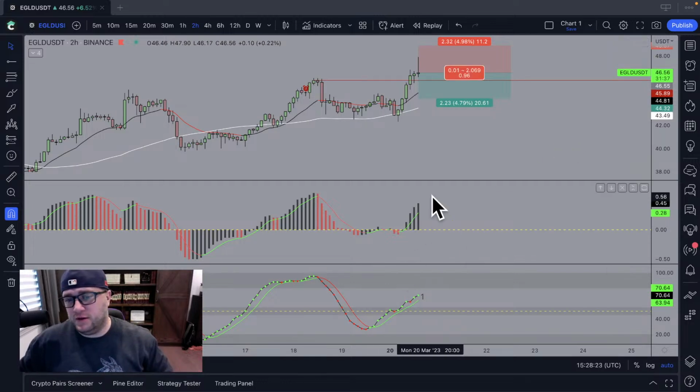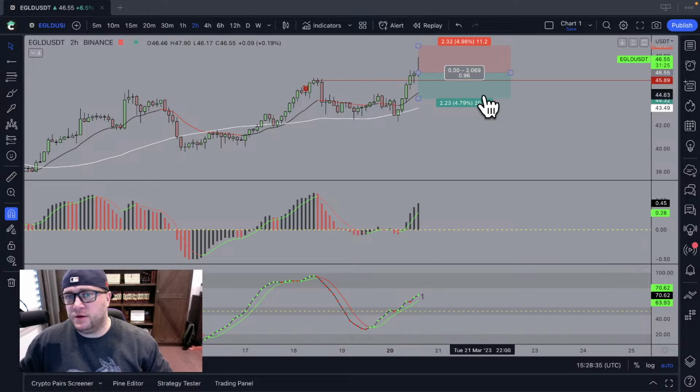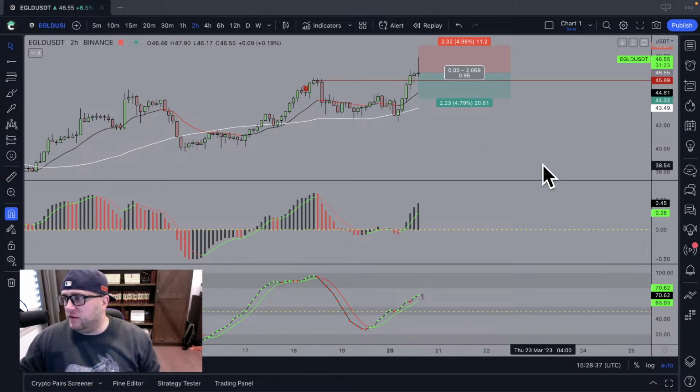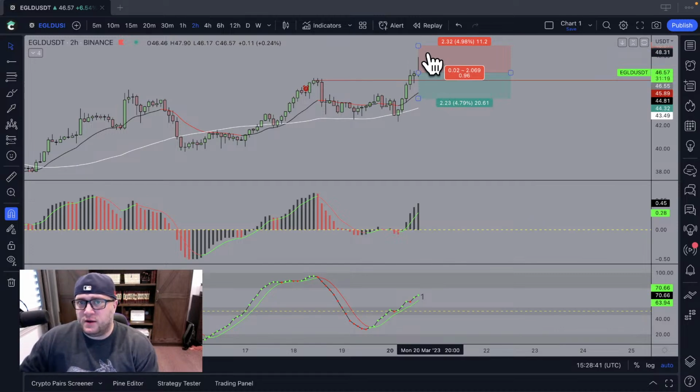You have a divergence, you have a slow move upwards, we have organic growth, pulled back down. Your momentum indicator is starting to look like it's going sideways. We still have a 1 on there, so we just got to wait for that to turn to 0 or negative. But this is a good trade setup right now.